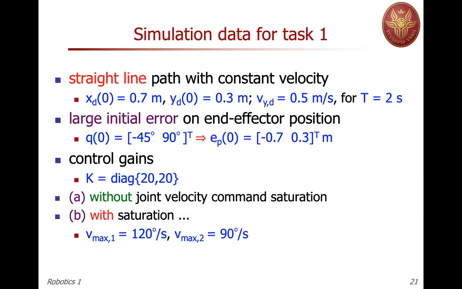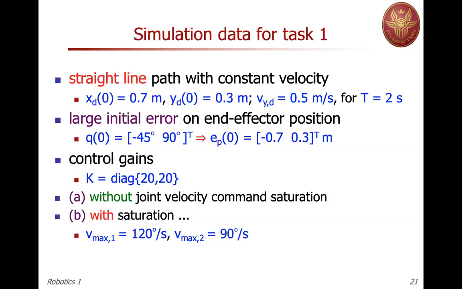No, because I'm setting the initial configuration of the 2R robot at minus 45 degrees plus 90, or minus pi over 4 and pi over 2. If I compute the direct kinematics, I have an initial error, which is minus 0.7, 0.3 meters. So I'm starting off both in x and y.